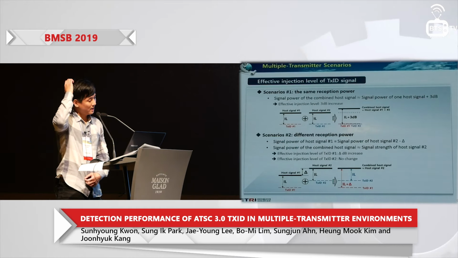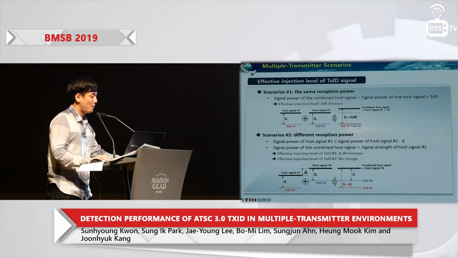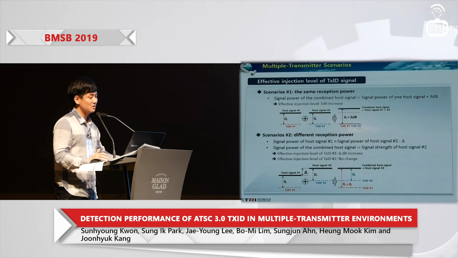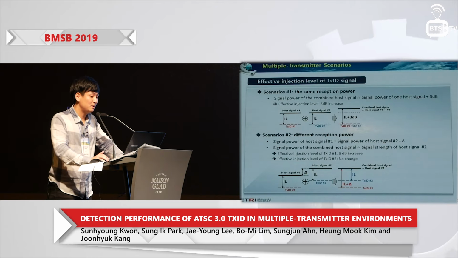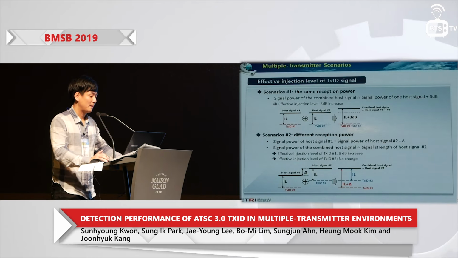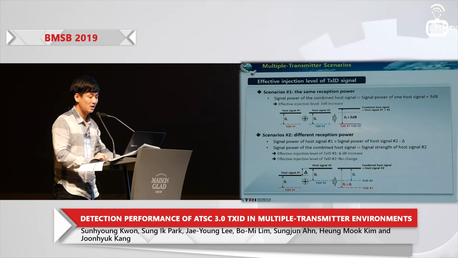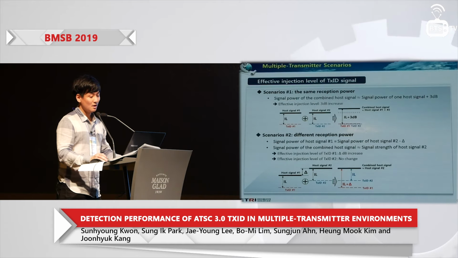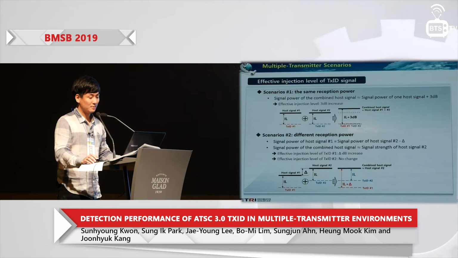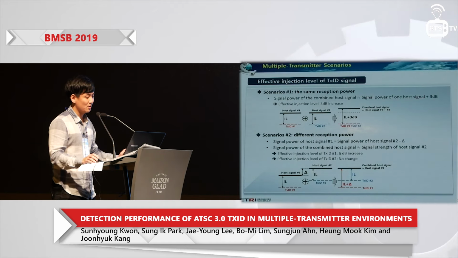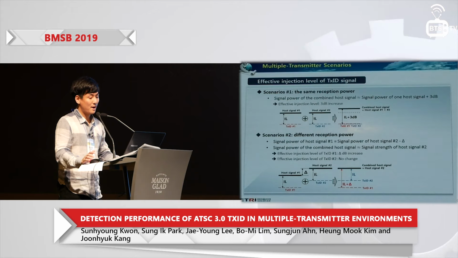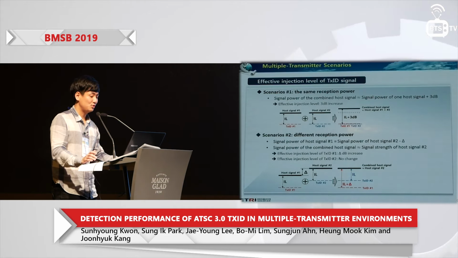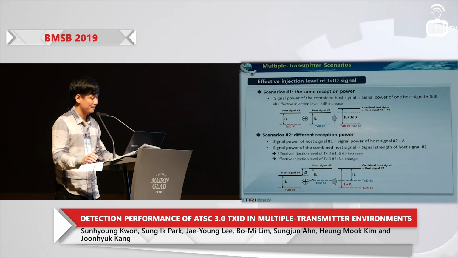As I said, TxID has been proposed to distinguish the signals from each transmitter. It means that a TxID signal should detect multiple transmitters at the same time. But in such cases, as we can easily expect, it is quite challenging, actually. So here are some scenarios related to that problem. In the first scenario, assume that the power of each received signal of two different transmitters is the same.